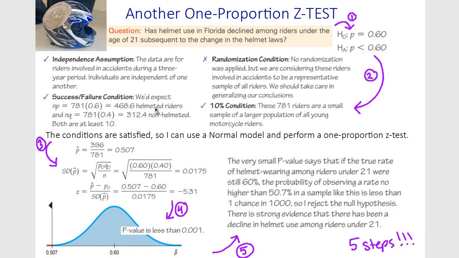So we check our conditions and notice that our conditions are going to be fulfilled: the independence, success and failure, the 10% condition. However, randomization isn't really applied because you're just collecting info based on those that had accidents. So we can't really turn it into a randomization thing.